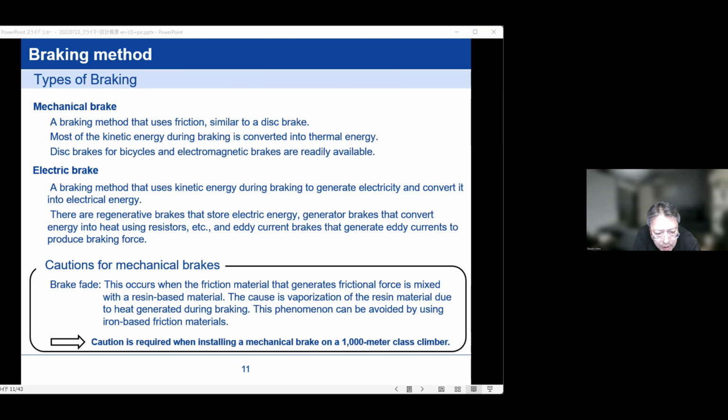There are various types of brakes, such as regenerative brakes that return electrical energy to the battery, resistive brakes that convert the generated electrical energy into heat using resistors, and current brakes that generate an electrical current to obtain power.